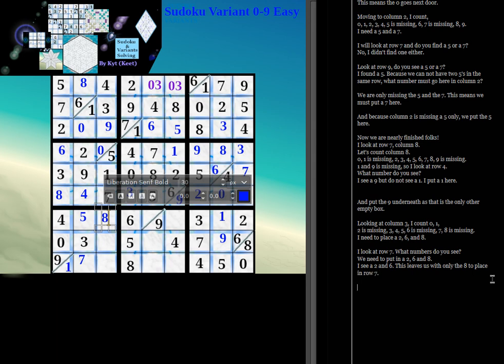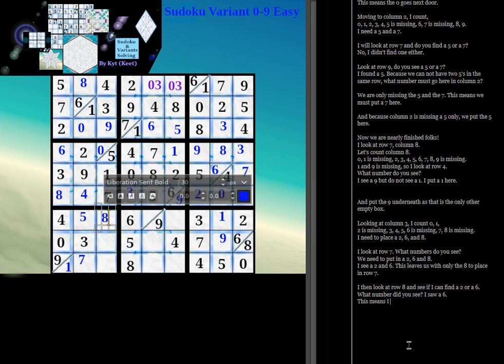I then look at row 8 and see if I can find a 2 or a 6. What number did you see? I saw a 6.